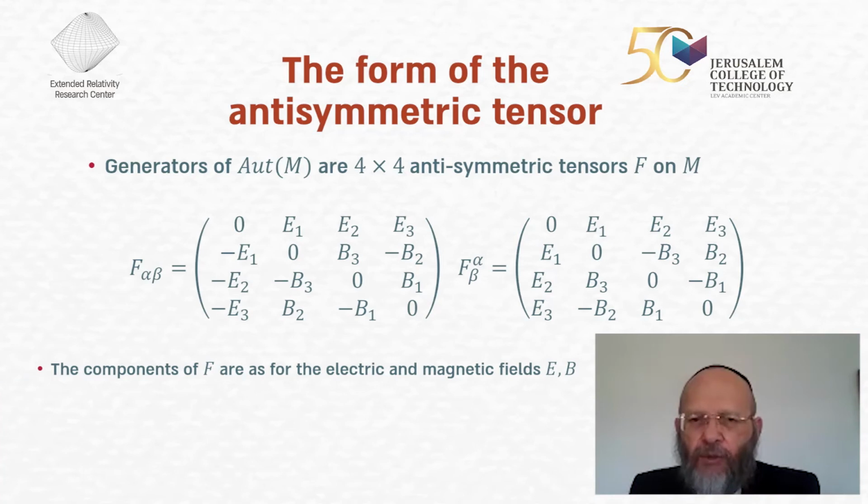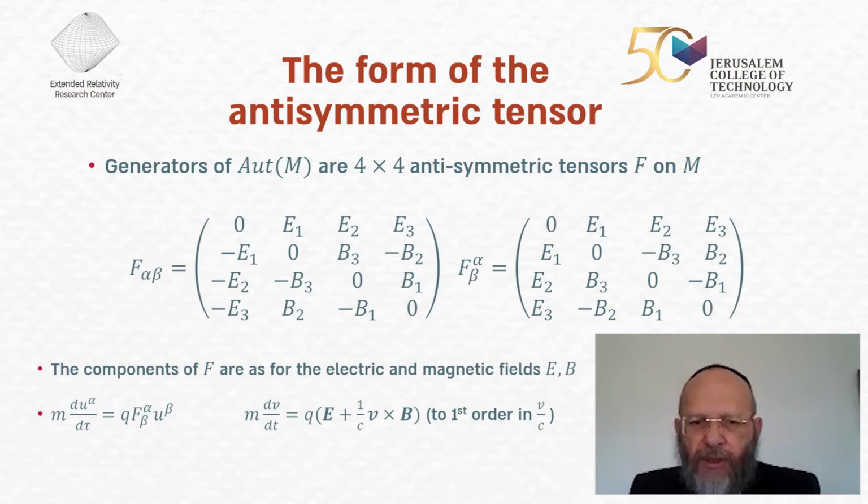Those components can be identified as the electric and magnetic fields, E and B. And why? Because of this equation, which is the replacement of Newton's law, mass times acceleration equals the force.